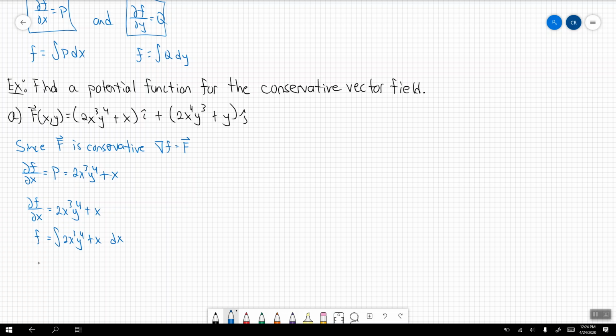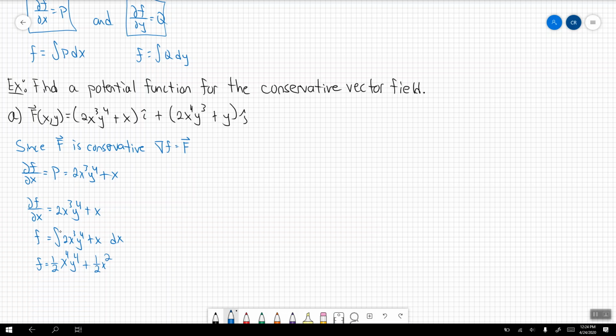When I do this, I get that my potential function is x to the power of 4, y to the power of 4, divided by 4, so that's going to be 1/2. Plus, same thing here, 1/2 x squared.